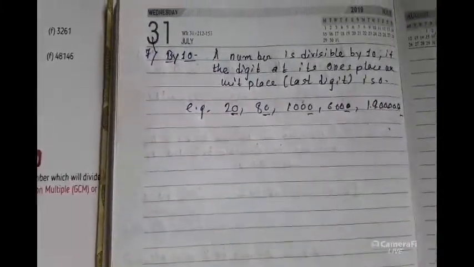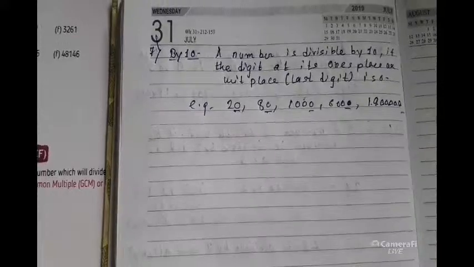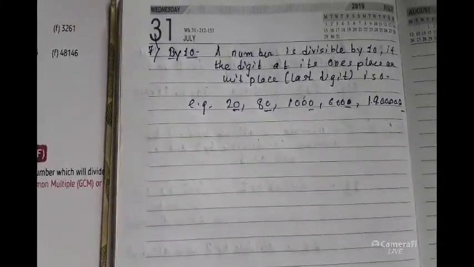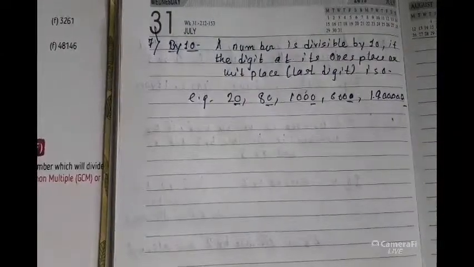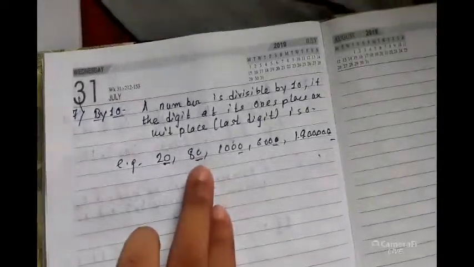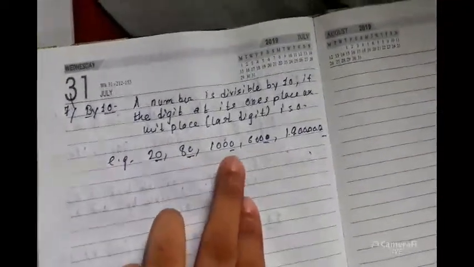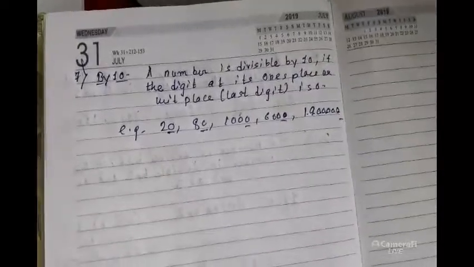Now the last one, divisibility by 10. A number is divisible by 10 if the digit at its ones place or unit place, meaning the last digit, is 0, like 20, last digit is 0; 80, last is 0; 1000, last is 0; 6000, last one is 0; then 19 lakh, last one is 0.